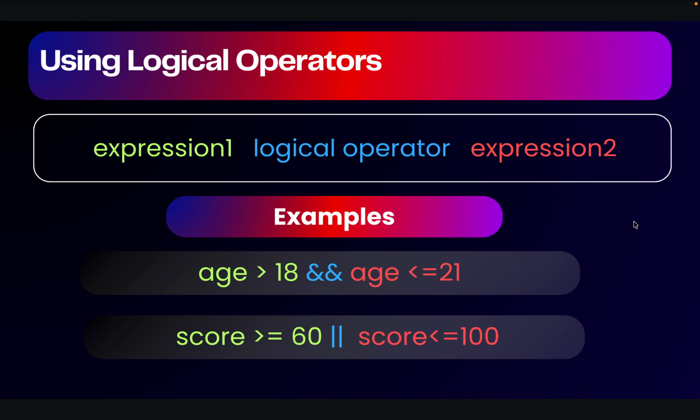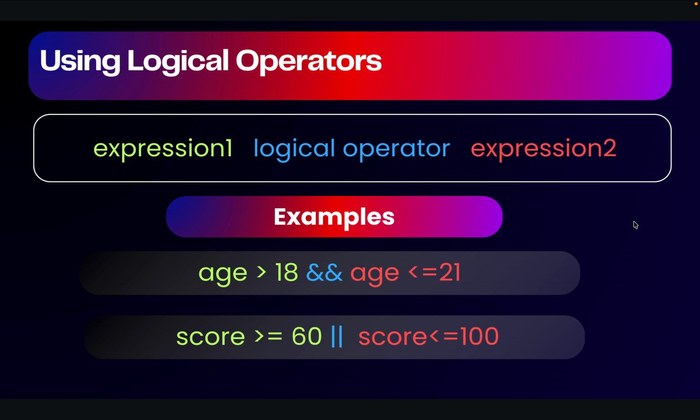So when you're using your logical operators, again, it's going to work the same way as our Boolean expressions, except this time we are using two Boolean expressions at minimum. We're using two Boolean expressions to work together and they combine using a logical operator.